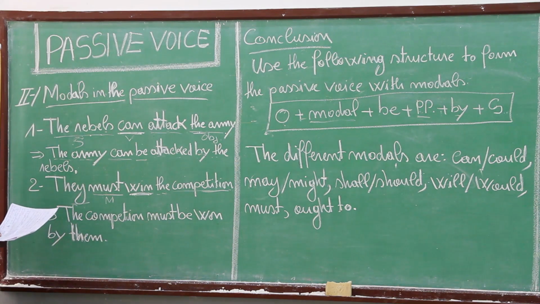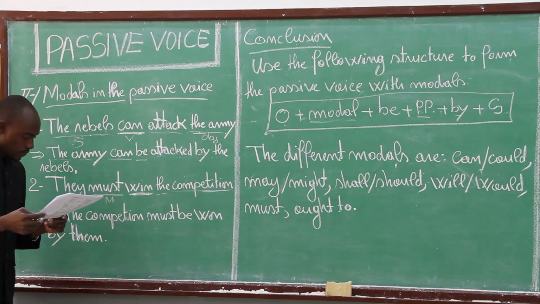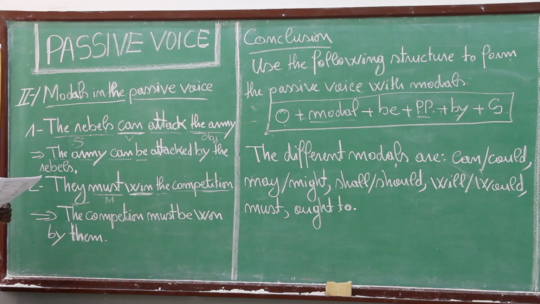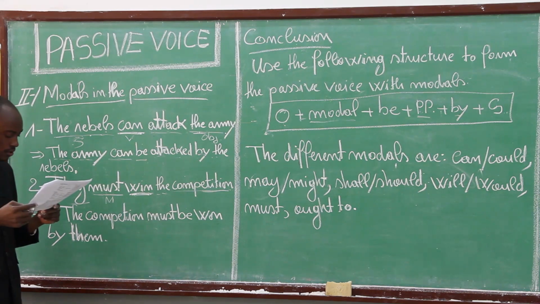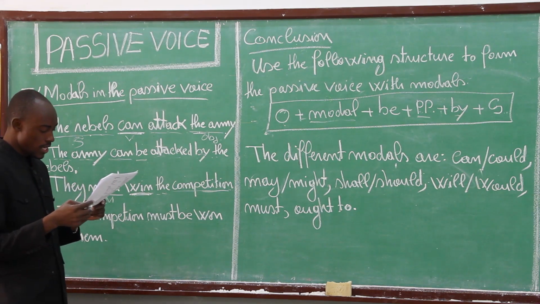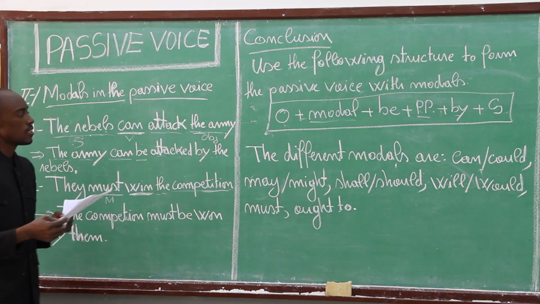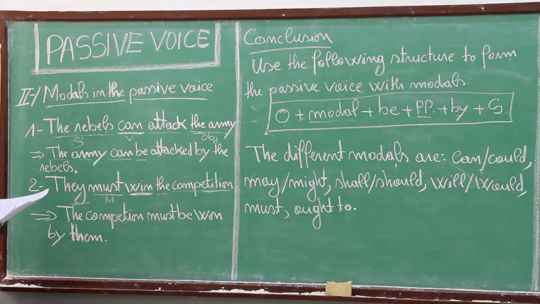I give you time to take notes before keeping on. We have the different modal verbs: ought to, should, must, can, will, would, may, might, shall. Yes, these are called modal verbs.